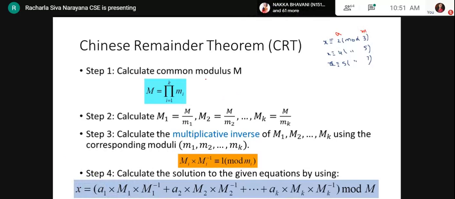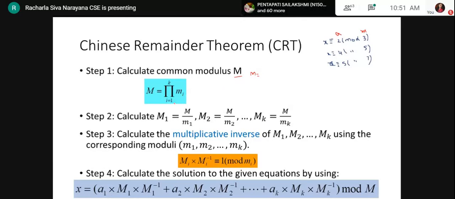Now the first step is to calculate the common modulus M. To calculate M, we have to take the product of all the given modulos. M is equal to small m1, small m2, small m3, and so on up to small mk.